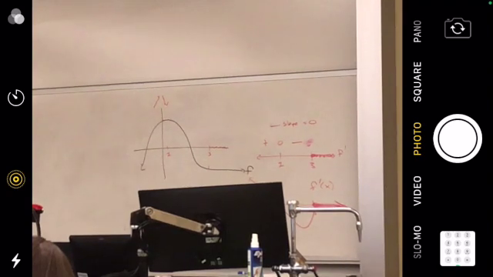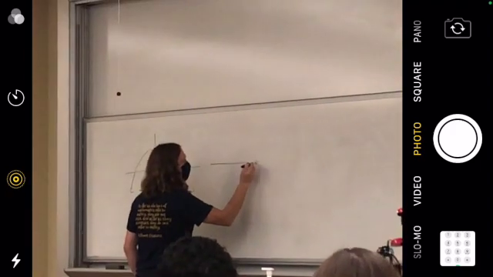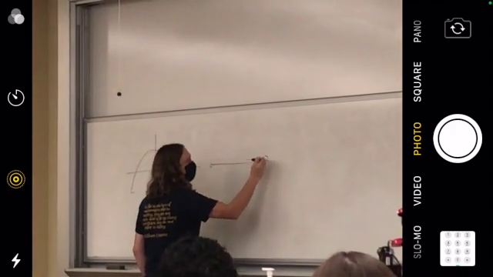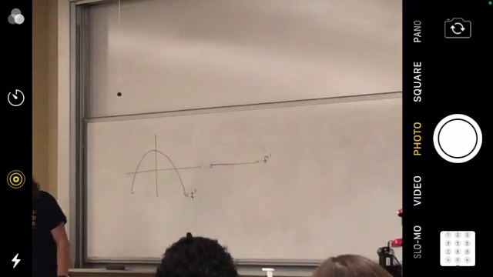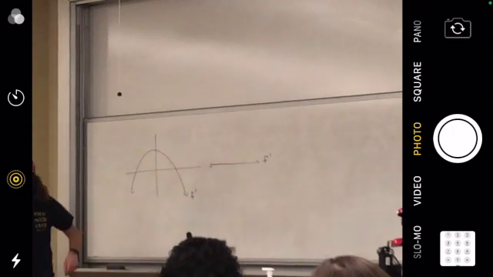I'm given, here's the graph of f prime. This is all the detail I usually do. Why did I label my number line f prime? I'm describing when it's positive and negative. I did the same thing over there.